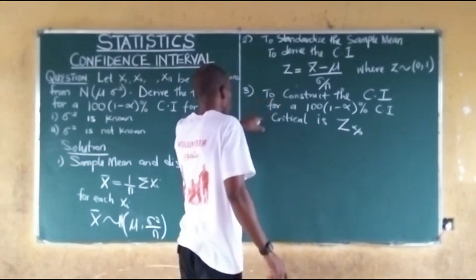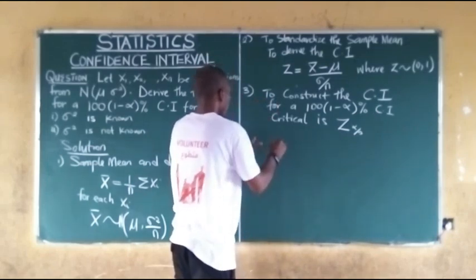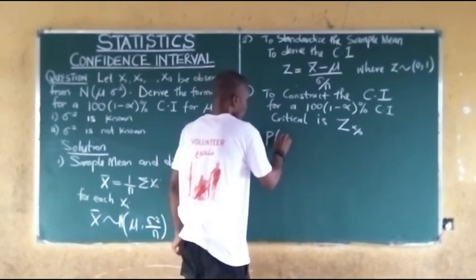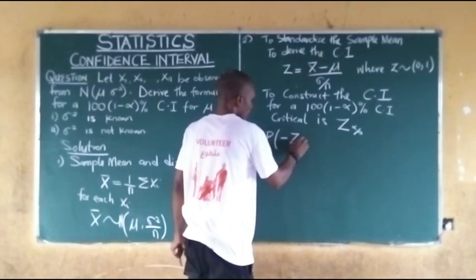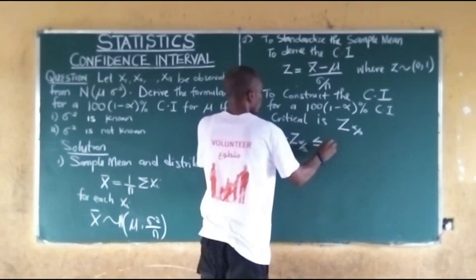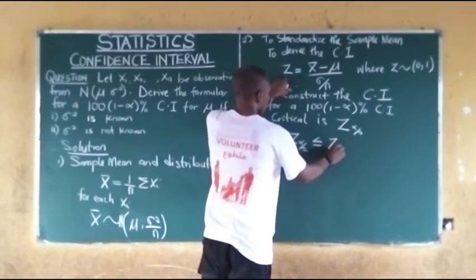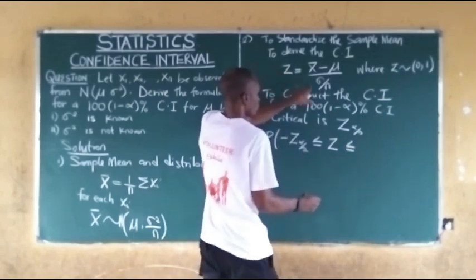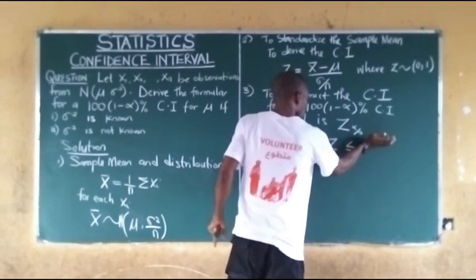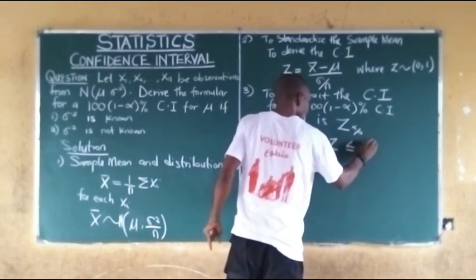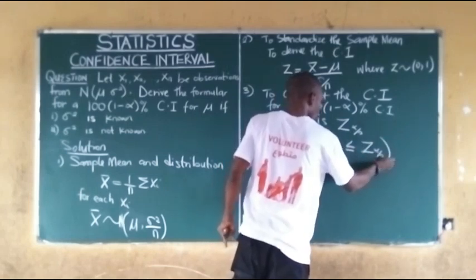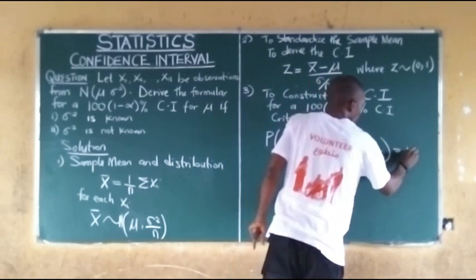So the next thing to do is to write it in this form. P of negative z alpha over 2 is less than or equal to z, and z is less than or equal to positive z alpha over 2, is equal to 1 minus alpha.